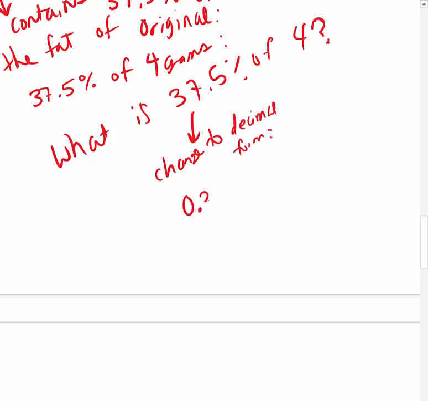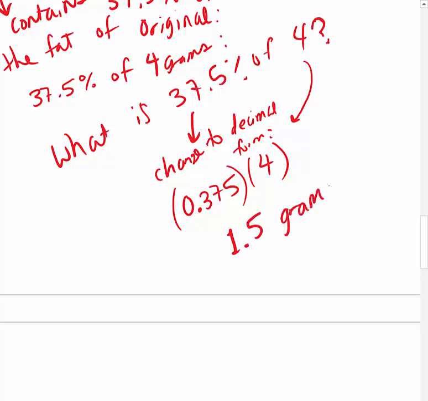Okay, so we're going to say that's 0.375 and multiply that by what we're trying to take the percent of, 4. Alright, and then don't judge me if I use a calculator. 0.375. I got 1.5 grams.